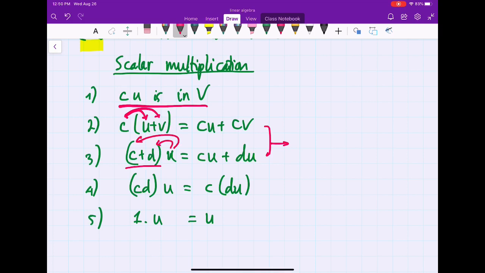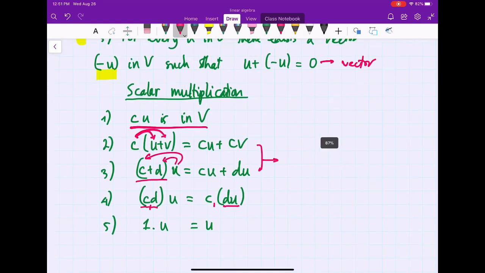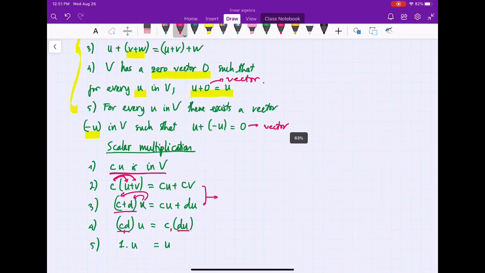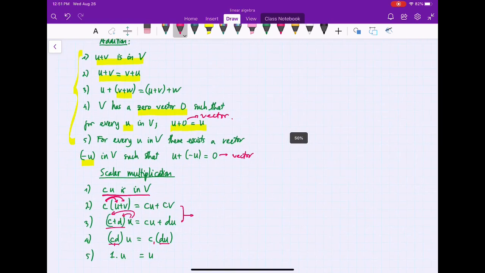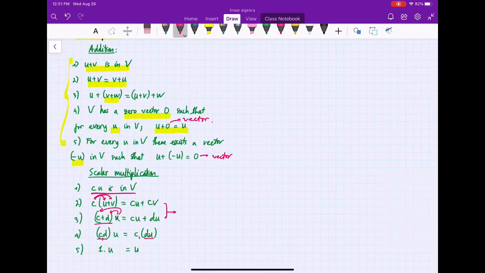Okay, and the fourth property is the associative property, so you may break this like c times du in here. And if you multiply u by 1, you get u. That is about the scalar identity. So if you pay attention, these 10 properties are almost the same as the properties for Rn. We discussed that last time, right?